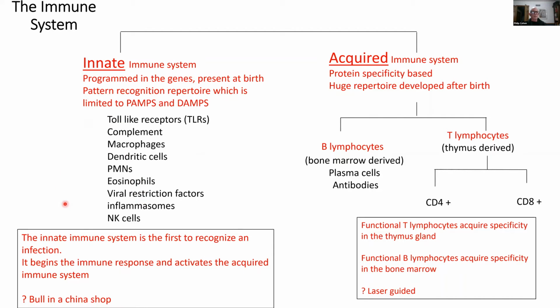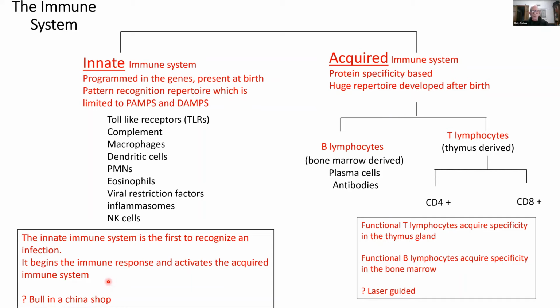The innate immune system is the first to recognize an infection. It begins the immune response, and it activates the acquired immune system, which is this here. And it's sort of less regulated, so I'm using this kind of aphorism, like it's a little bit like a bull in a china shop.